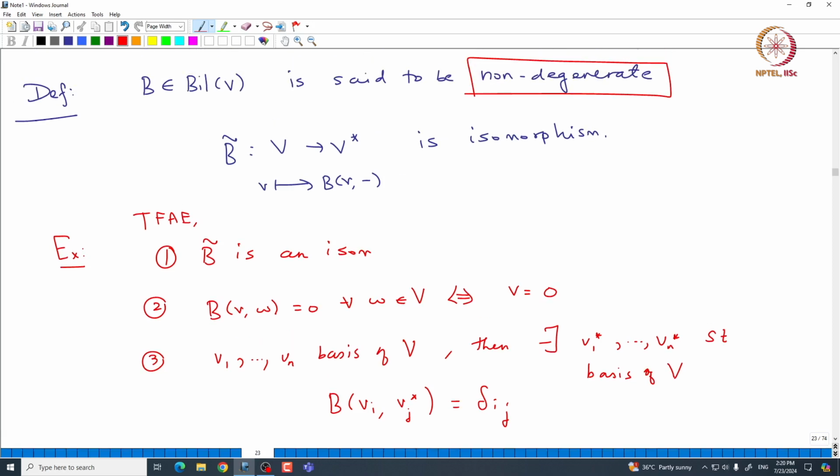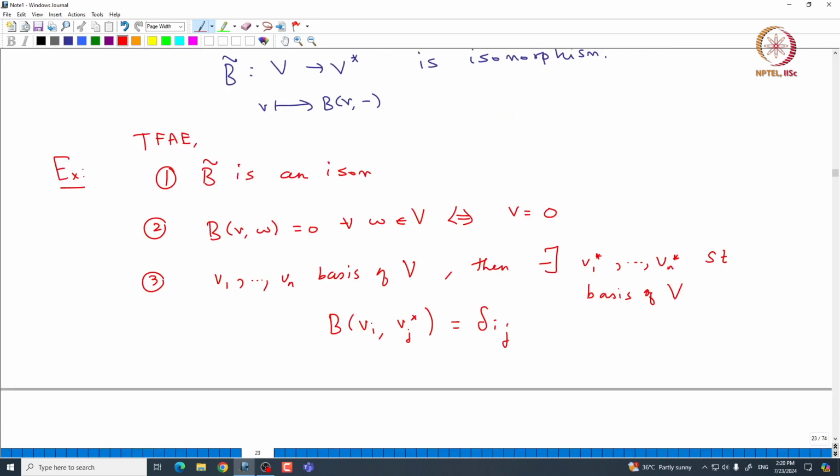Maybe there is another characterization, which we will call 3 dash. If you fix a basis v1 through vn of V, and look at the matrix formed by B(vi, vj), this matrix should be invertible.